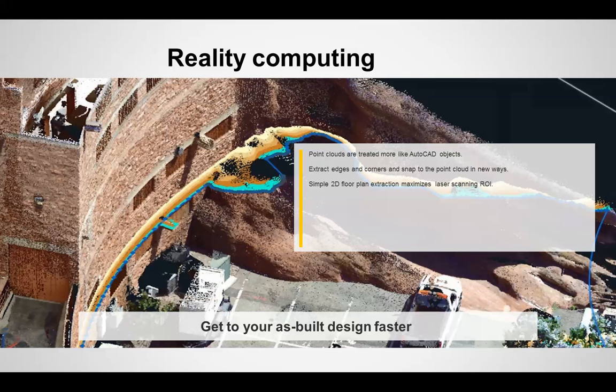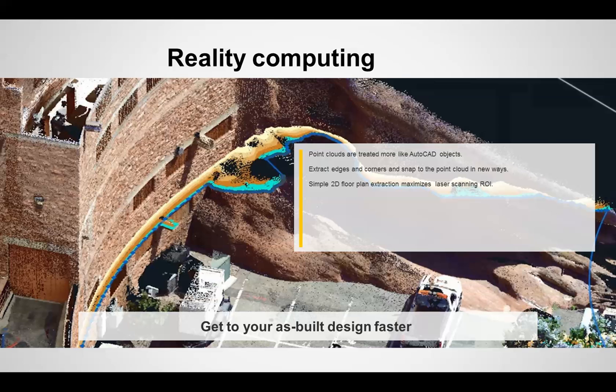Another thing we'll be looking at is the enhancements to the point clouds. Point clouds are now treated more like AutoCAD objects. We can extract edges and corners, snap to them, and they've given us some three-dimensional O-snaps dealing specifically with point cloud objects. We also have some other new effects that may interest you.